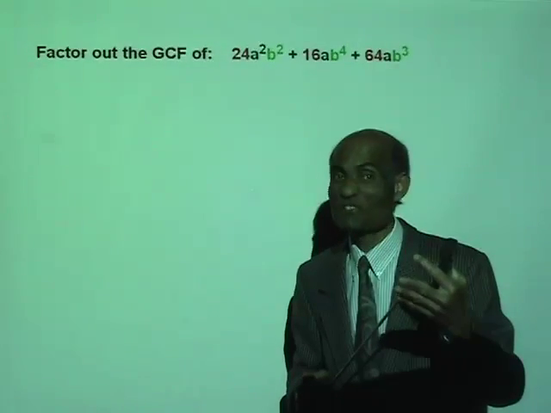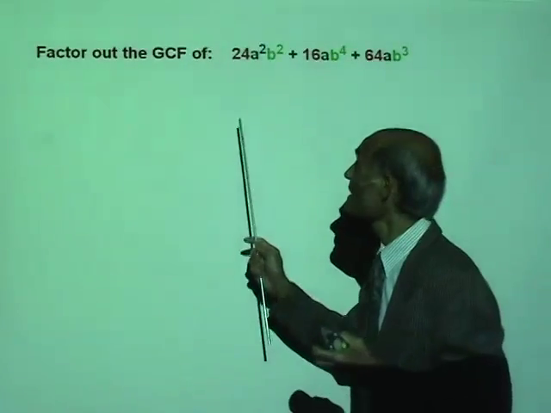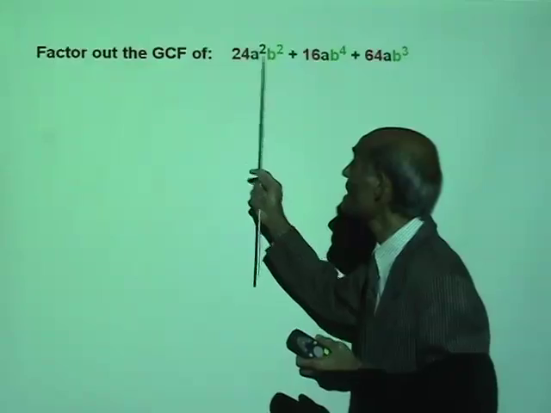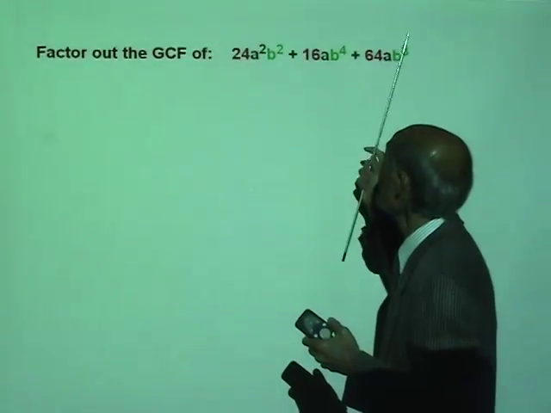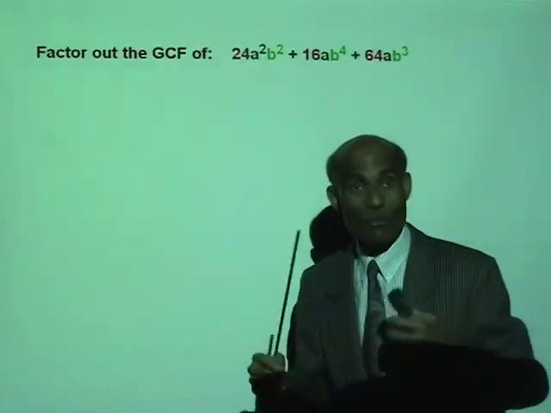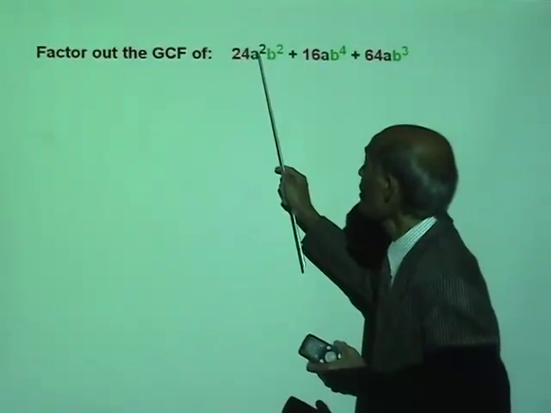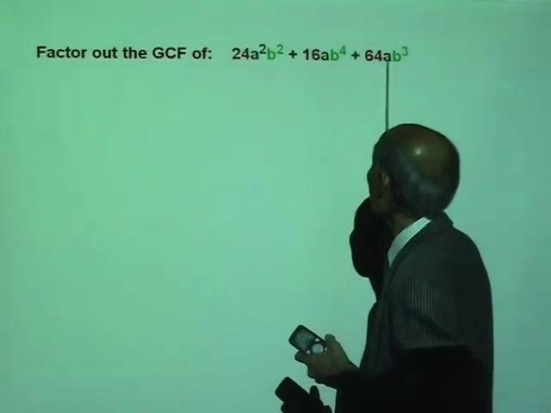Well, isn't it 8? Yes, is that right? 8 times 3 is 24. 8 times 2 is 16. 8 times 8 is 64. Can you figure out that way? Alright. What is now, you got a squared, a and a.